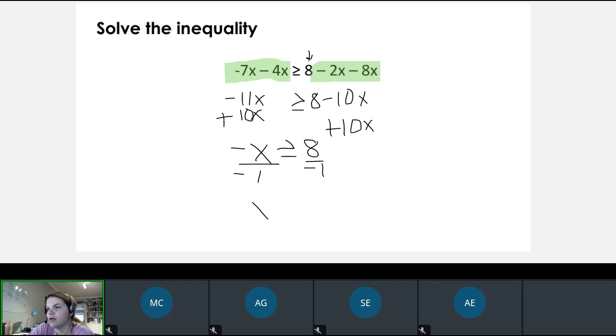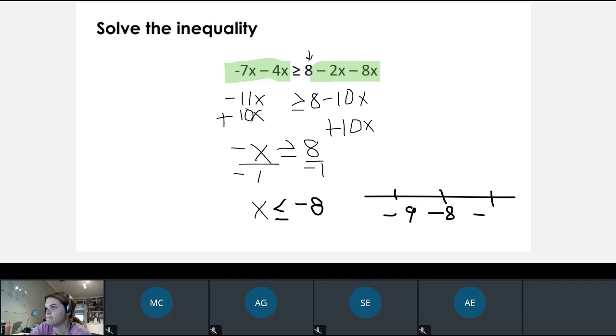All right, so now we have our positive x value, but when we multiply or divide by a negative, we're going to switch the inequality sign. So I'm going to get x is now less than or equal to negative 8. Any questions about how I got to x is less than or equal to negative 8?